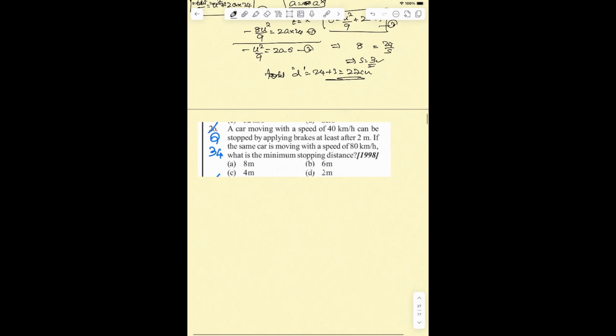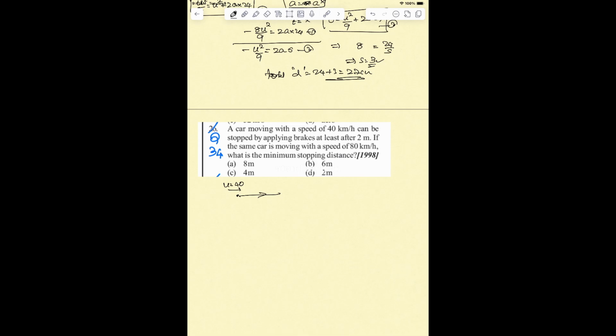Now, let's try and practice the next situation. A car is moving with a speed of 40 km per hour and can be stopped by applying a brake at least after 2 meters. That is, the car is moving in this direction. Suppose at this initial point, it has u equal to 40. I am just keeping it in kilometer per hour itself.